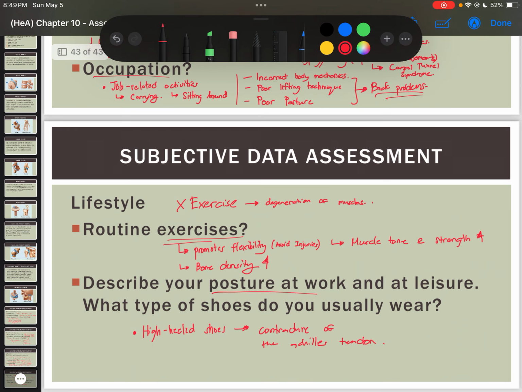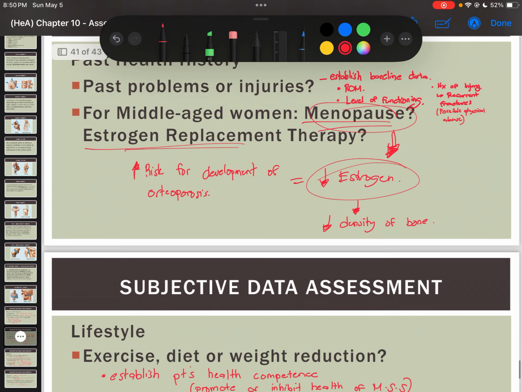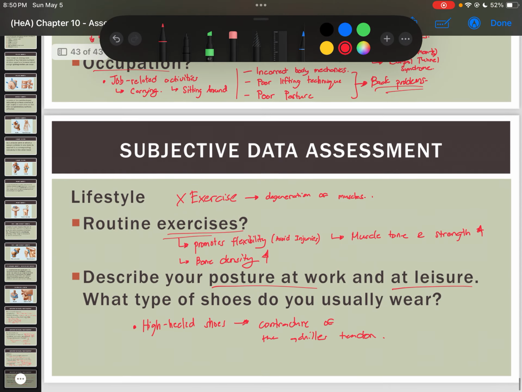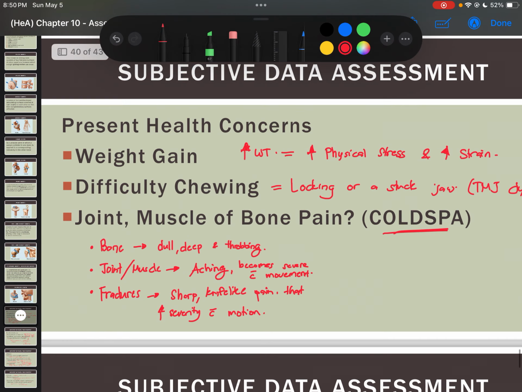We've already talked about posture at work, and the same goes with leisure. If you have bad posture at work, it could have long-term effects, specifically back pain. Aside from that, there could also be shoulder pain. Those are the types of subjective data assessment that we have to ask. I just want to reiterate that you have to focus mainly on the present health concerns, the main problem.